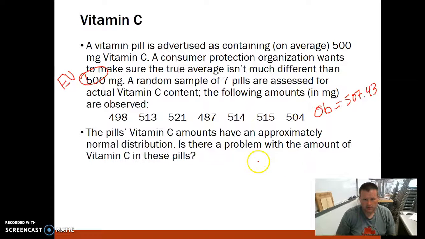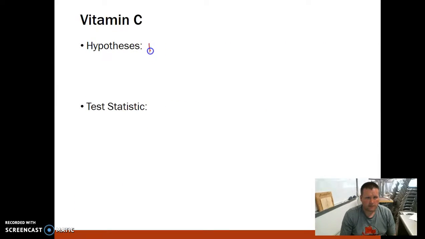And then remember, I looked at that SD plus, or remember it's that S with the X. That was 11.79, I believe. So just keep that in mind. We've done that. So, all right. So for the hypothesis test, our null is just going to be that the average equals 500.